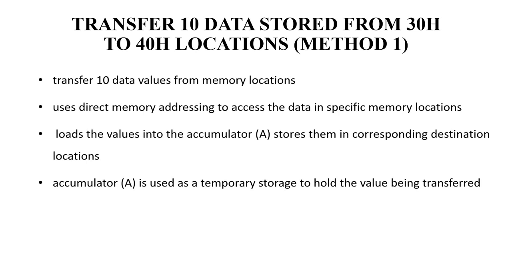And here the accumulator A is used as a temporary storage to hold the value being transferred. It can only hold one byte at a time. So the program reads from one location and writes to another in each operation.